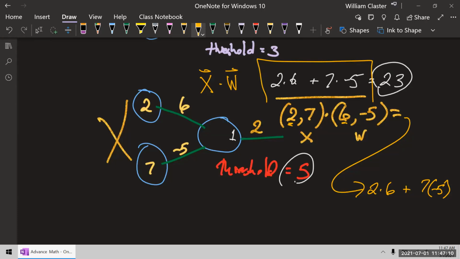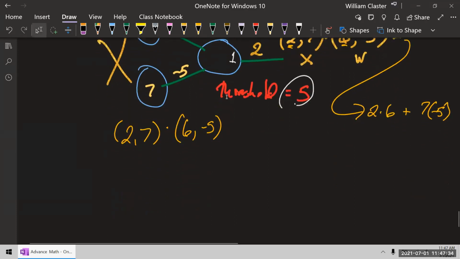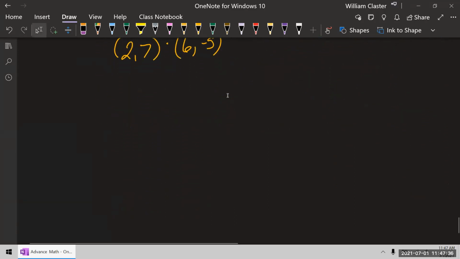So the X vector is 2, 7, and the W vector is 6, -5. So we can just call this calculation the dot product of the input vector with the weight vector, right? Everyone agree with that? Okay, now let's try another one. Let's try this one.